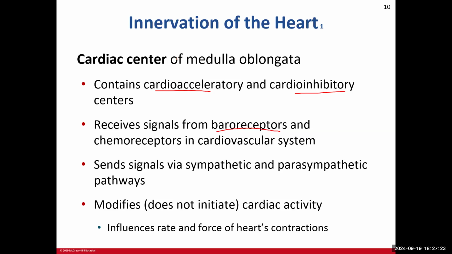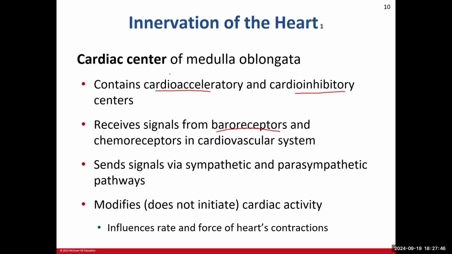All right, so our cardiac center, when it's going to send out its motor output signals, remember, control center is going to interpret the data, and then it's going to decide what type of effect it's going to take. And so it's going to send that data or information to the effectors, which is a muscle or a gland, on our motor output, which are going to be the nerves that leave, all right?